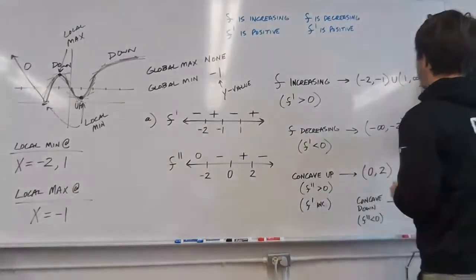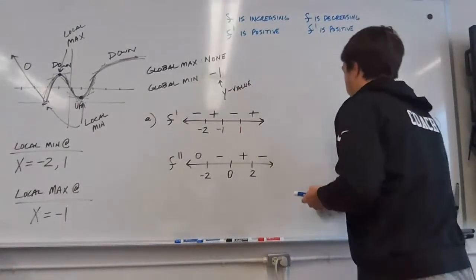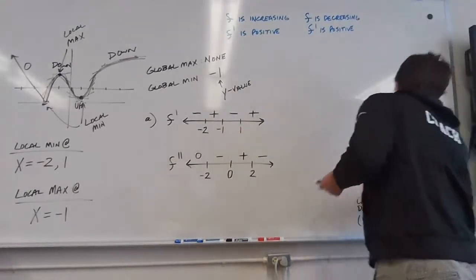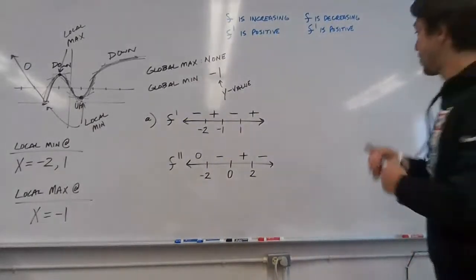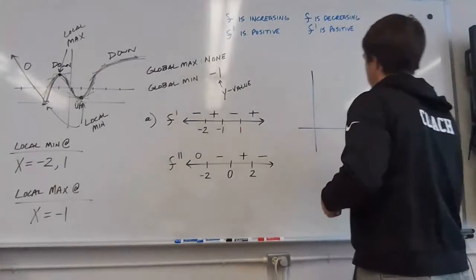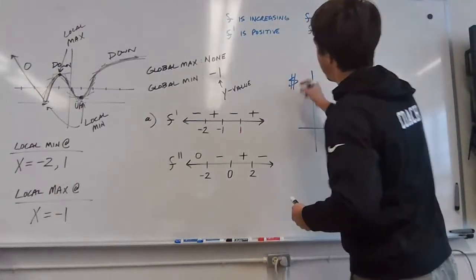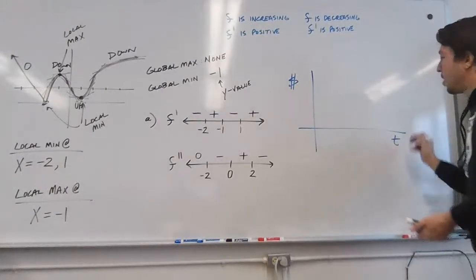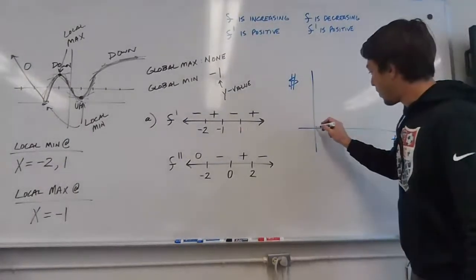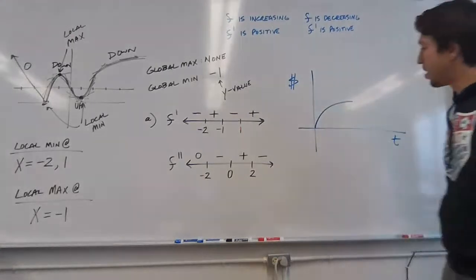Here's the context where it's relevant. Say you've got a company, and the company's growing, right? That's what you want. Here's how much money you're making, or revenue, and here's time. Is this the kind of growth you want to see?